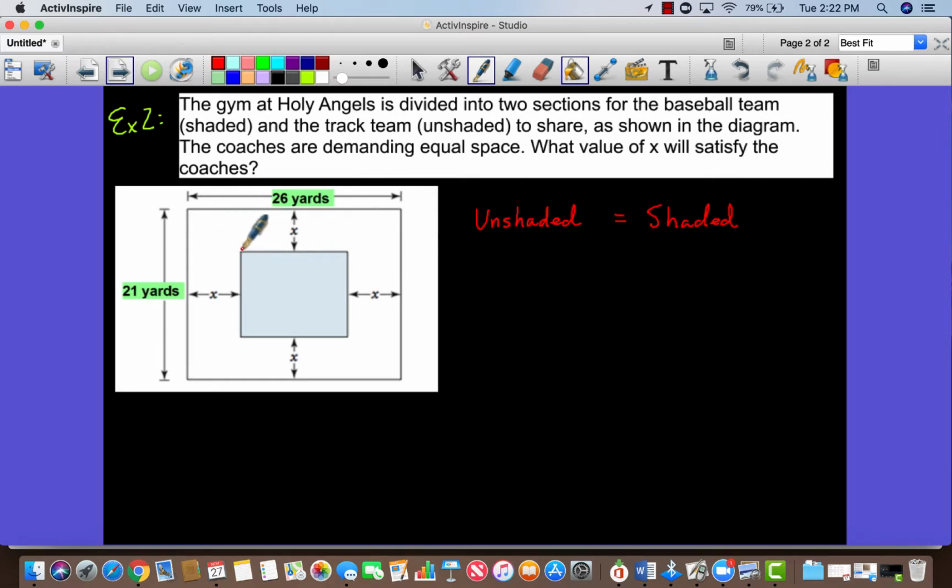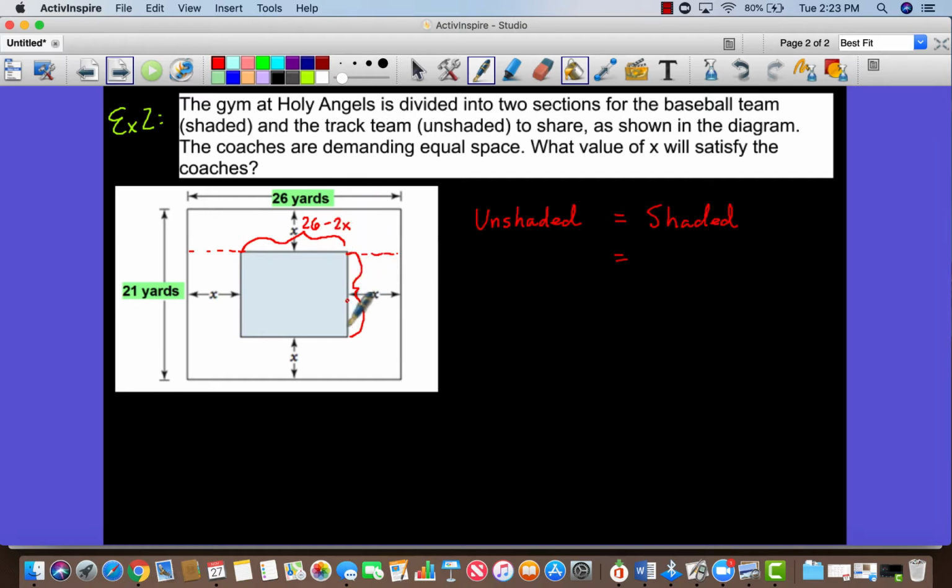So let's see. The shaded area is going to be this length times this length. Since across the top here we have a length of 26, but we're subtracting x from both sides of that, that length that I just outlined would be 26 minus x twice, so minus 2x.